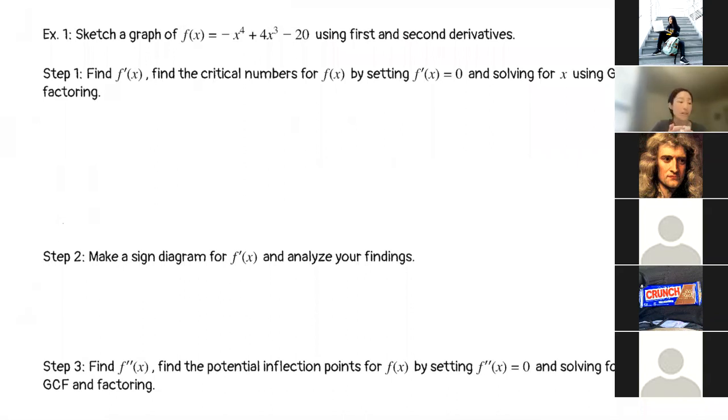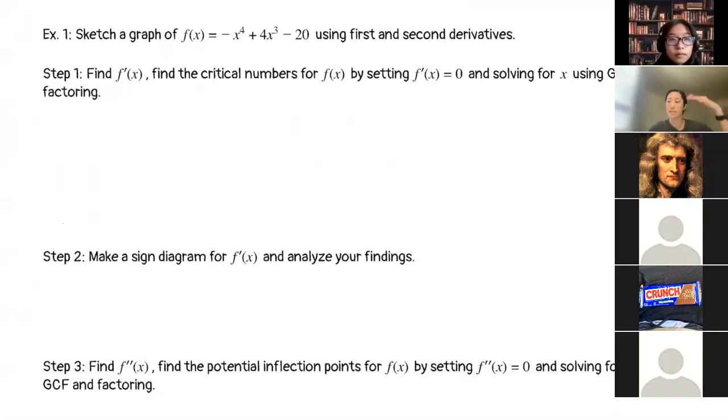And the task is I would like us to graph this using first and second derivative. Okay, so I've set this out in a step-by-step format for us. And we'll talk about what these different pieces mean. And then we'll move on to a different case where now we're going to be looking at the derivative and how we sort of unpack information from that.